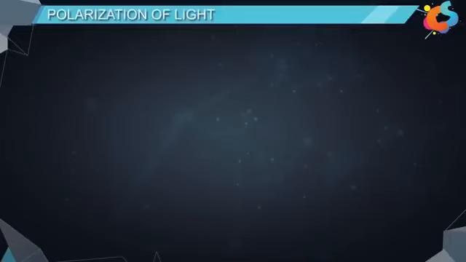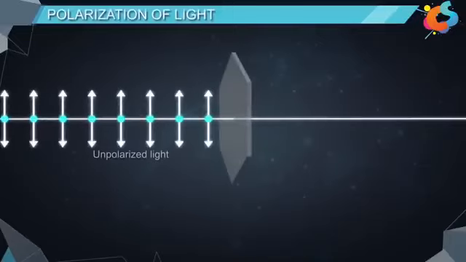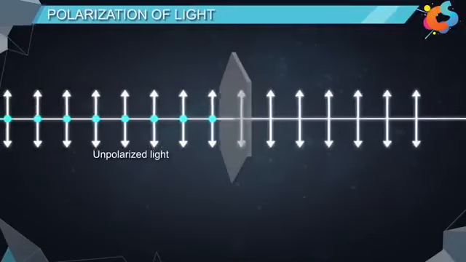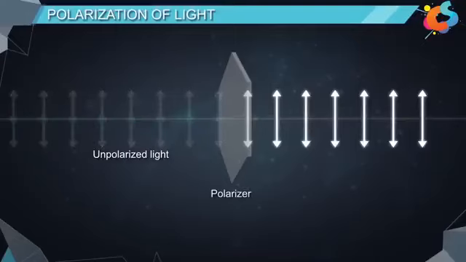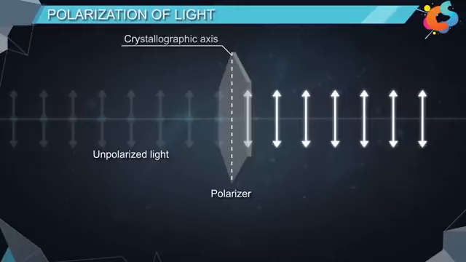Polarization of light. When an unpolarized light is allowed to pass through a Polaroid, let's call it a polarizer, out of all the vibrations of light, only those vibrations pass through the crystal which are parallel to the crystallographic axis. Here, the crystallographic axis is represented by the dotted line.